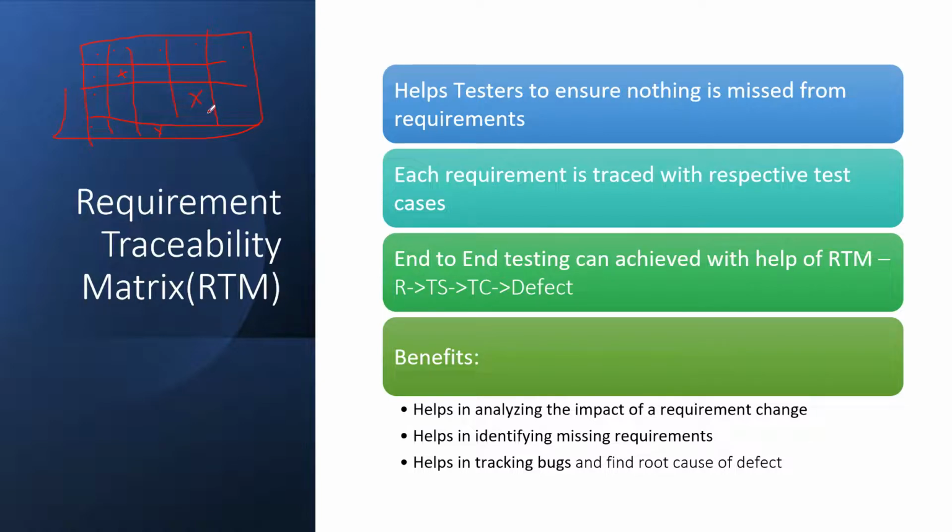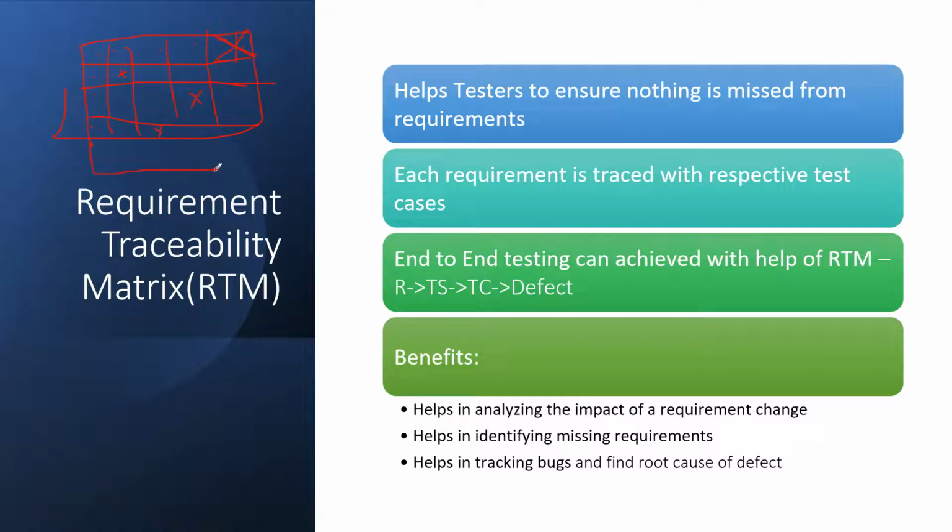So we can get a clear picture of where the requirement is available in our test cases. And if you see here, this test case is not mapped with any requirement. So we can conclude that this is an extra test case, or something which has been removed from the requirements. So we can ignore this test case.